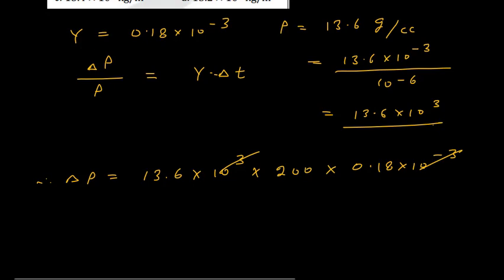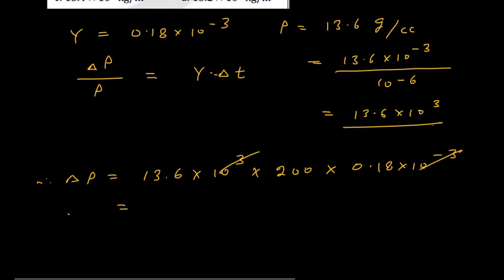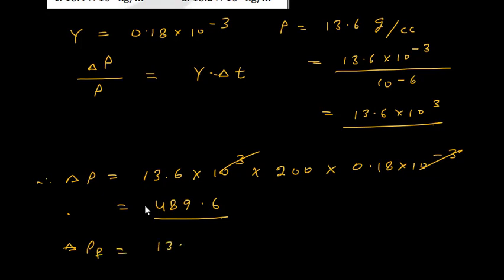This is 13.6 into 200 into 0.18. So change in density delta rho will become 489.6.